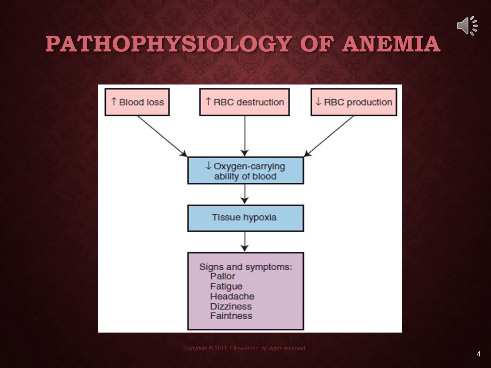It gets worse if problems exist with ventilation or perfusion, because then you have a decreased ability to compensate. So therefore, if you have somebody who has COPD or congestive heart failure, anemia is a much bigger problem, because the other systems have a decreased ability to compensate.